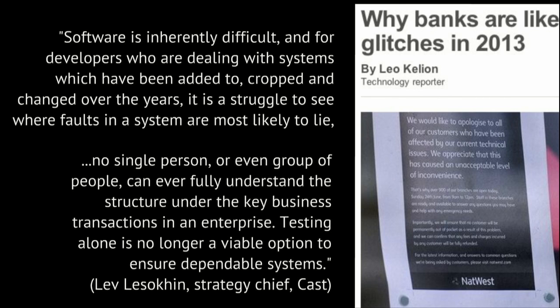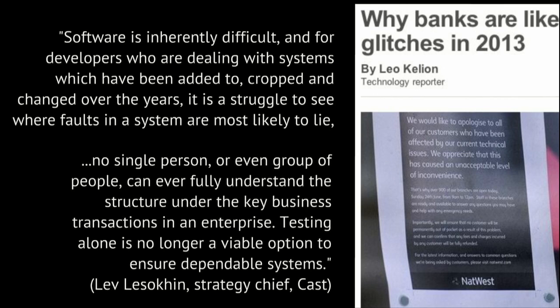Look here, he says: software is inherently difficult, and for developers who are dealing with systems which have been added to, cropped, and changed over the years, it is a struggle to see where faults in a system are most likely to lie. Definitely appealing to history in order to understand current risks.